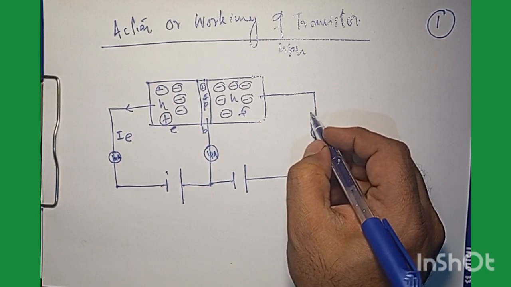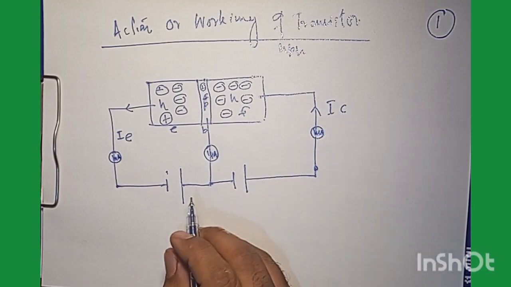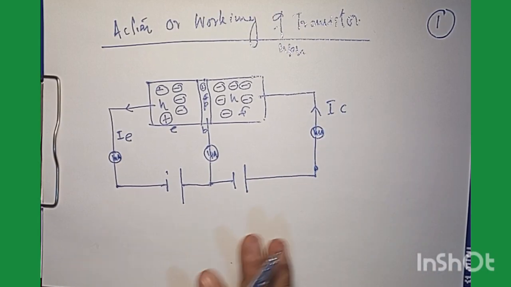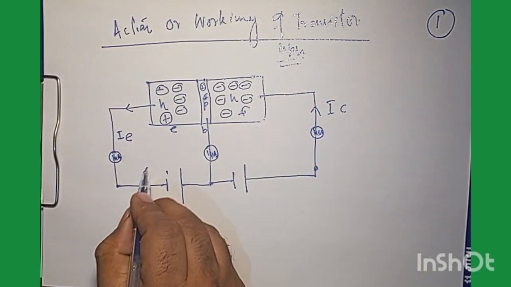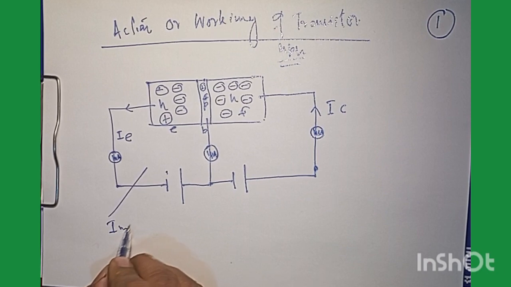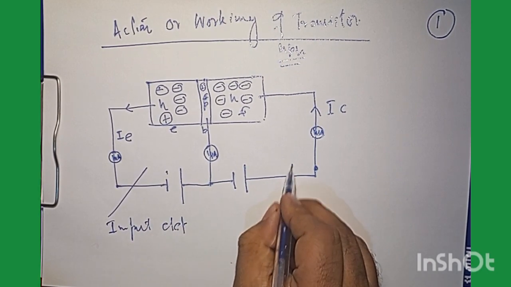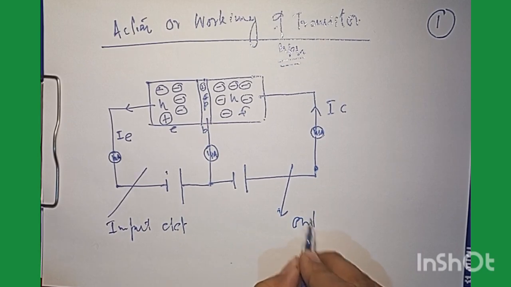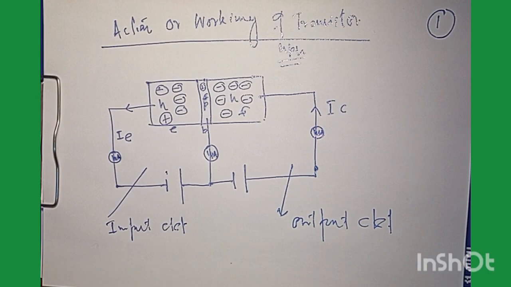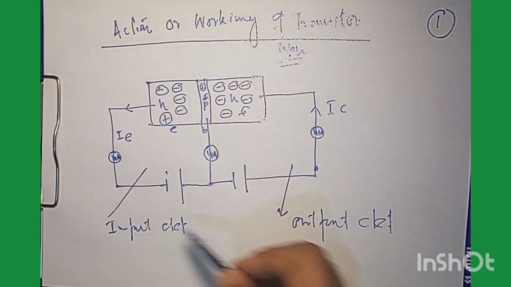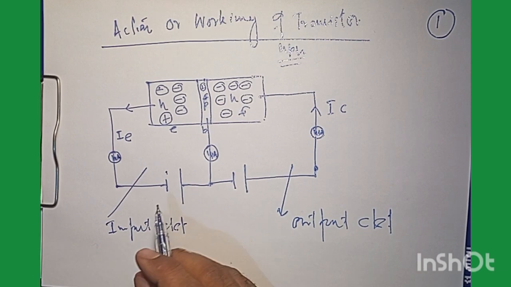This will be my collector current. So this is how an NPN transistor looks, this is its input circuit, and this one is the output circuit.